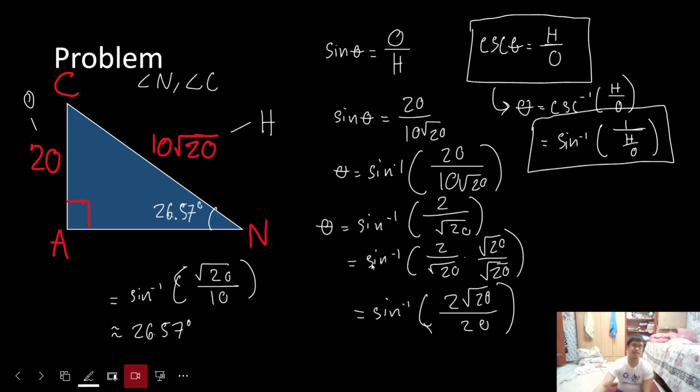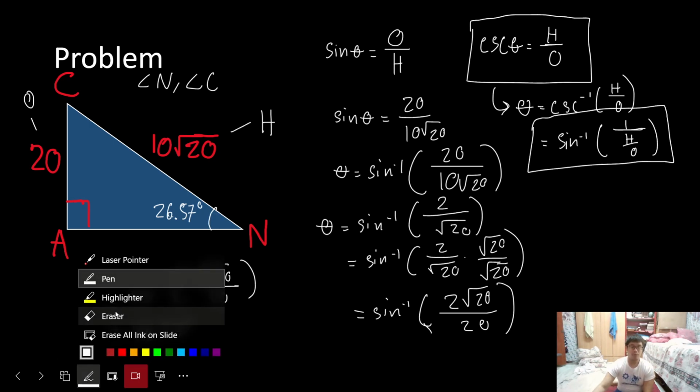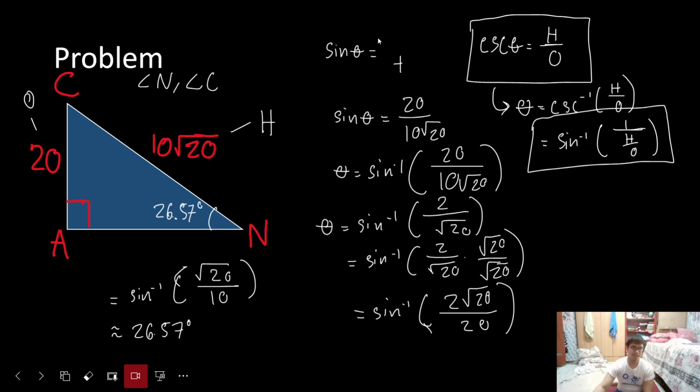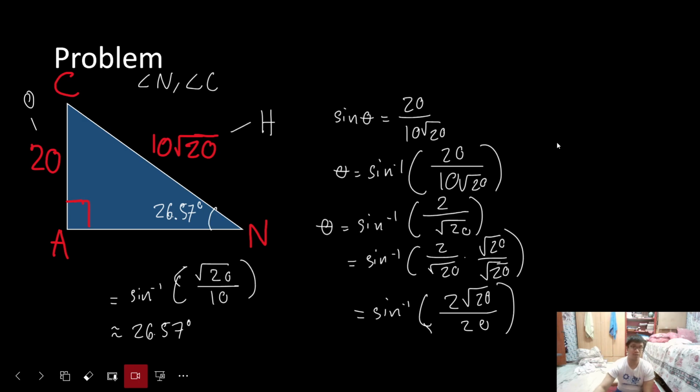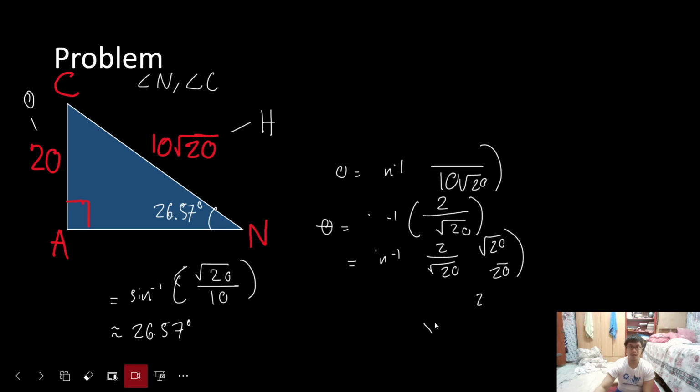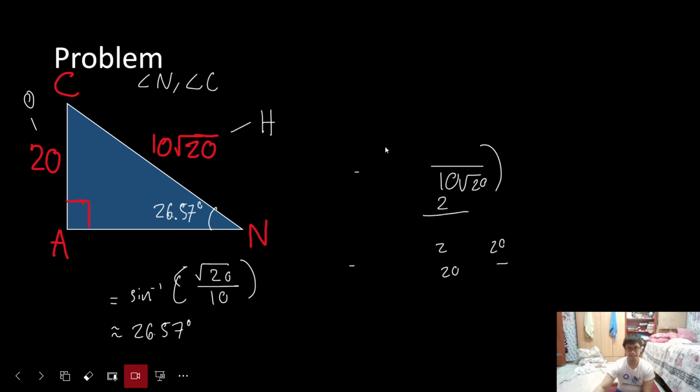Now, what we're going to do is we will find angle C, which is for me the easiest one because I'm going to apply the second technique. It's up to you, once again, if you're going to use a trigonometric ratio for that. But for me, I would prefer the more convenient way, which is the second technique.